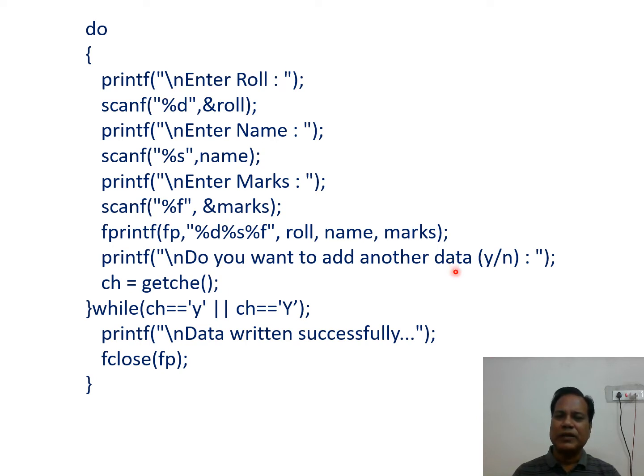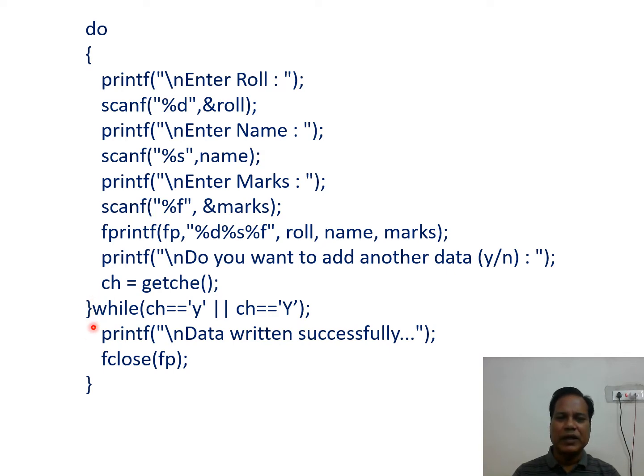Whenever this message is displayed on the output screen, if the user enters y, ch = getche(); That character is taken in by the getche function and stored in the variable ch.